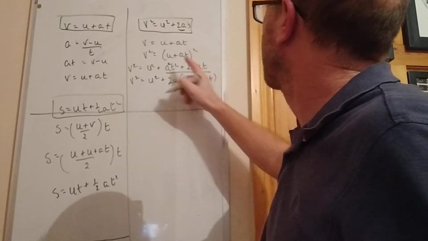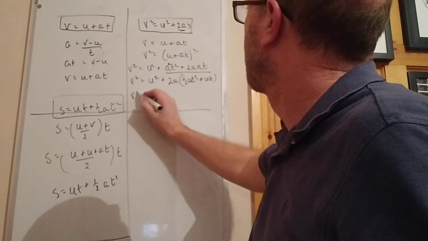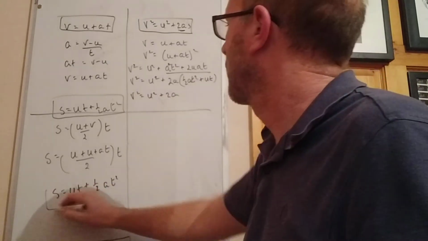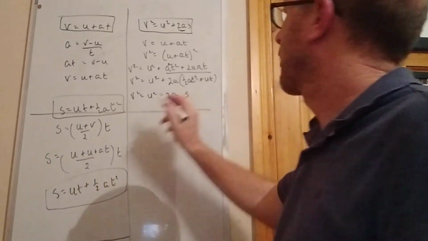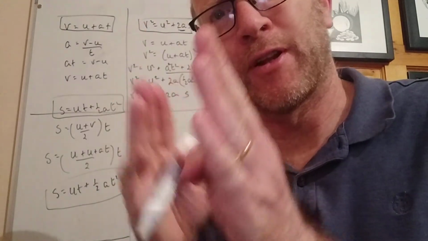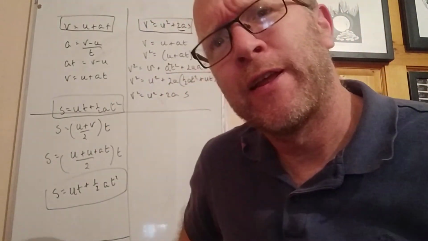Okay, that was my mistake there. u squared plus a squared t squared. Okay, and what's in the bracket is the second equation, so that becomes s. Now we're sorted. Okay, and you can, as I did there, you'll find the little errors as you go along. No problem. Okay. Fourth one then is F is equal to ma.